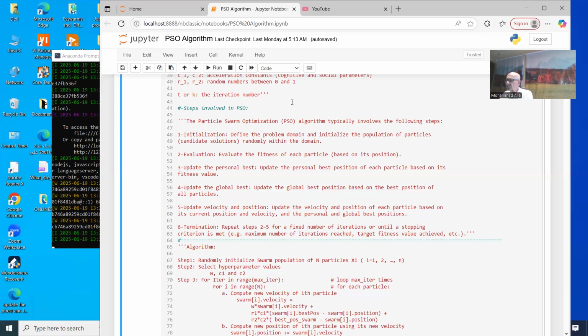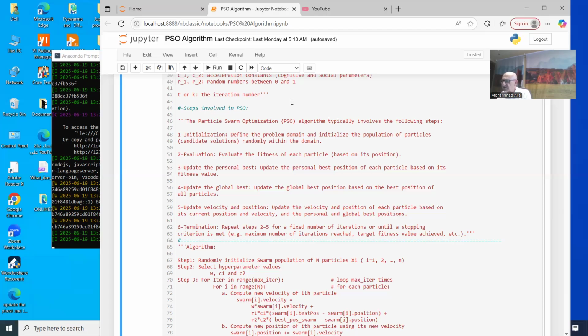Today we continue our discussion in explaining the swarm architecture and software by using Python.